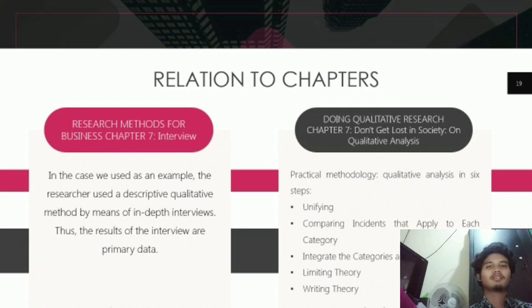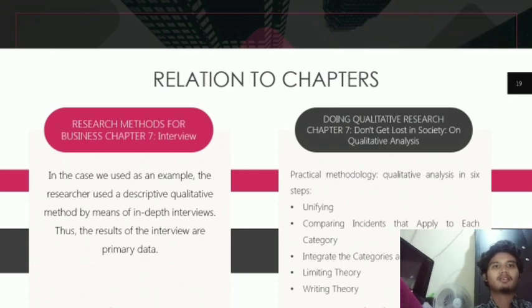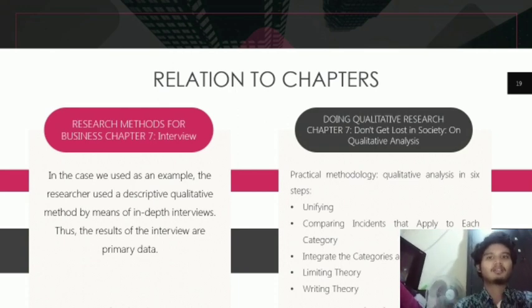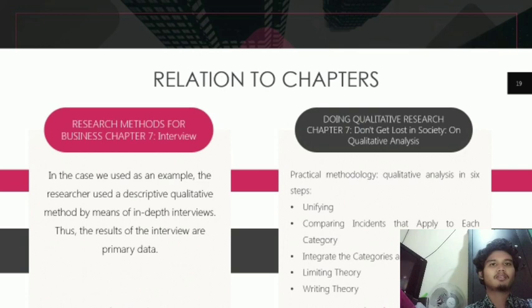In this chapter, several methodologies are mentioned that are also applied in our case, and there are 6 methodologies. There are unifying, comparing incidents, integrating the categories and their provisions, limiting theory, and writing theory.